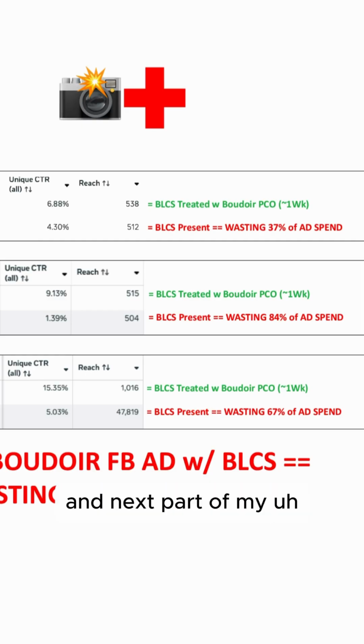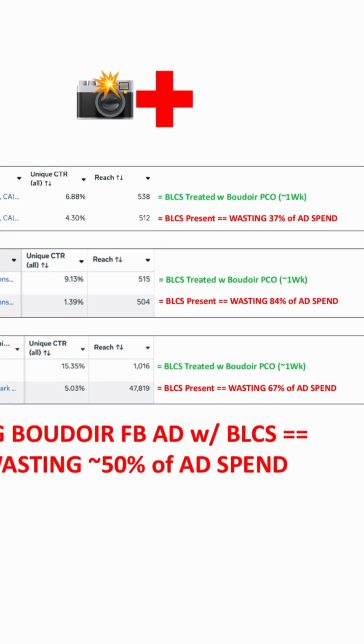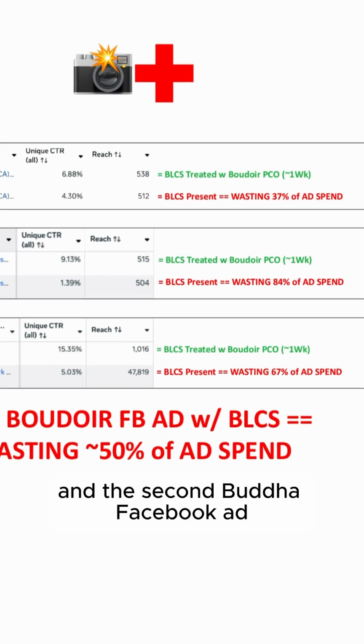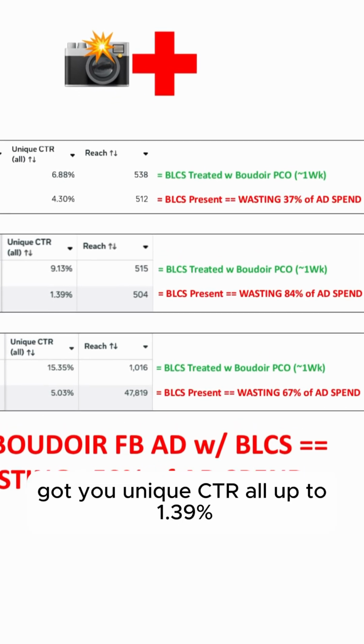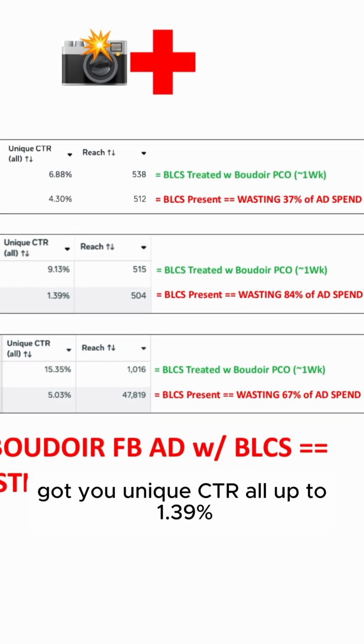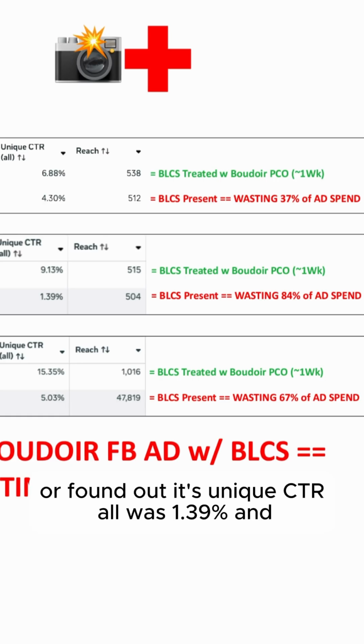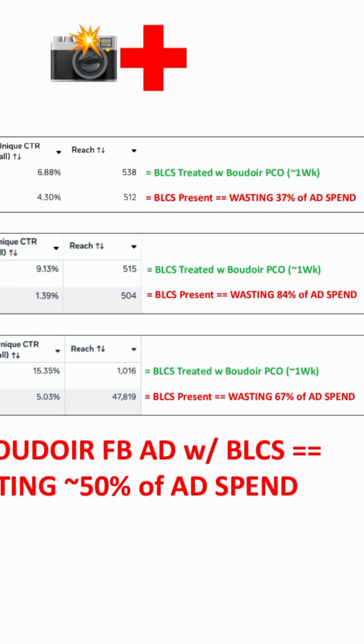And next part of my residency, the second Boudoir Facebook ad, found out its unique CTR was 1.39%.